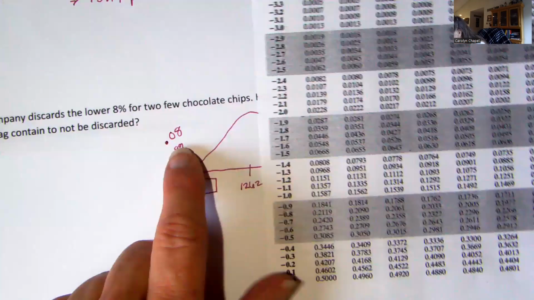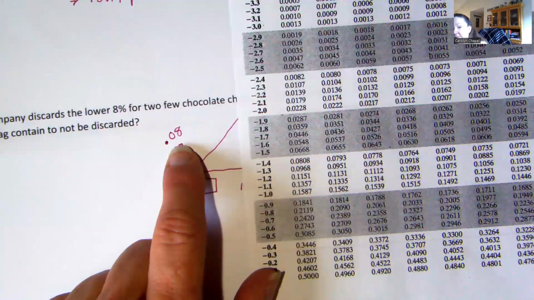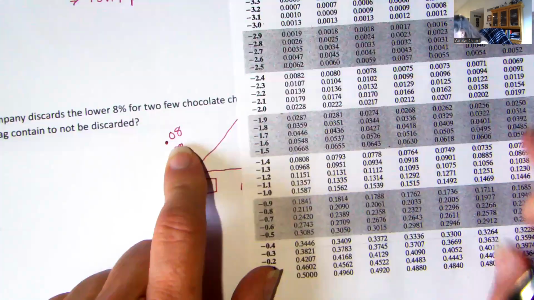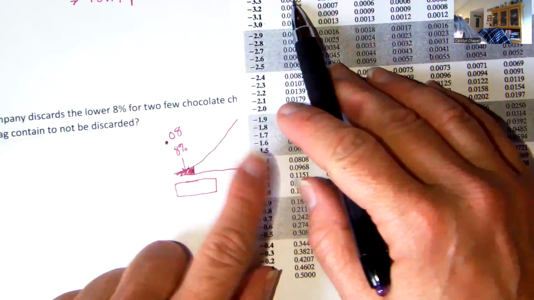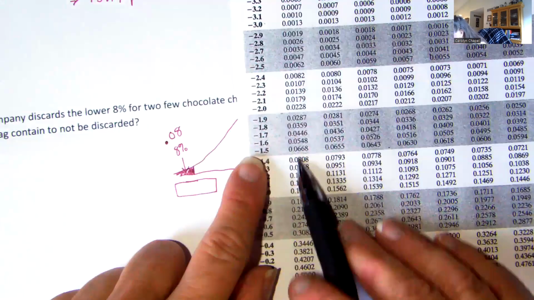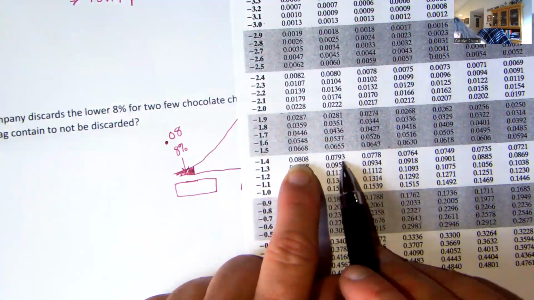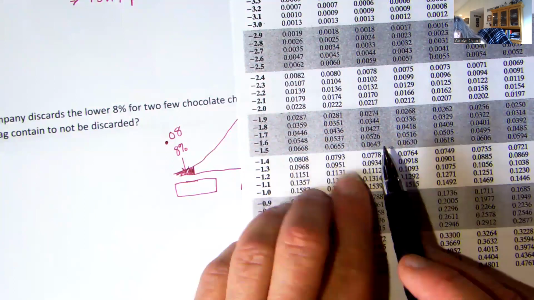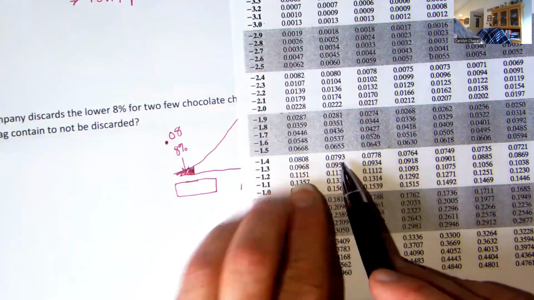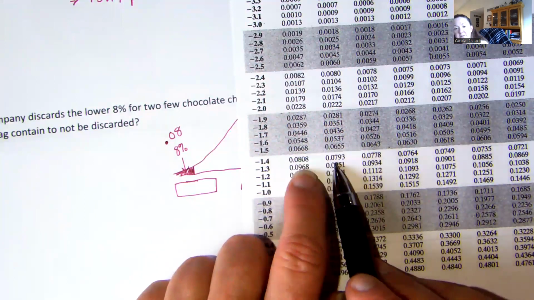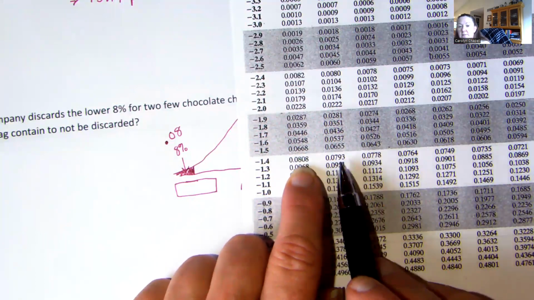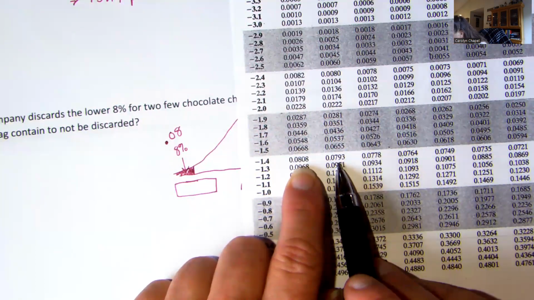I'm going to be looking for 0.08 inside the table because it's an area. Here's my 0.08, kind of here. We have 0.0808 and 0.0793.